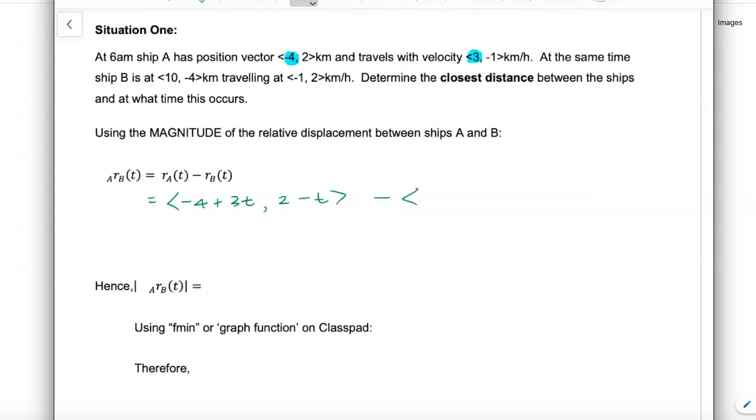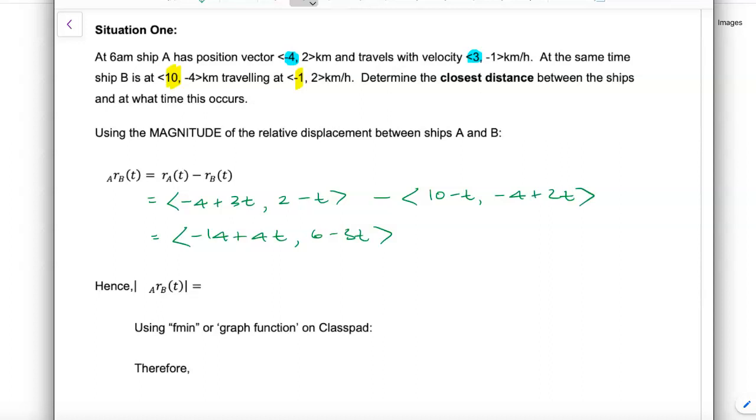Subtract the displacement of B. So we're going to have 10 subtract t and -4 plus 2t. So A relative to B in terms of its movement over time will be -14 plus 4t as the i component and 6 take 3t for the j component. So that's how A is moving relative to B.